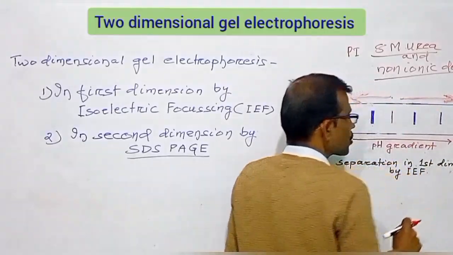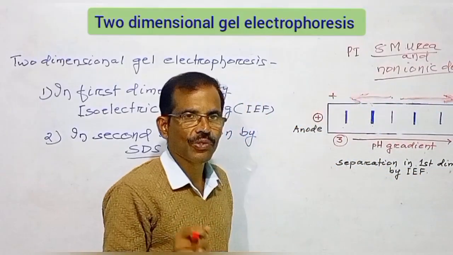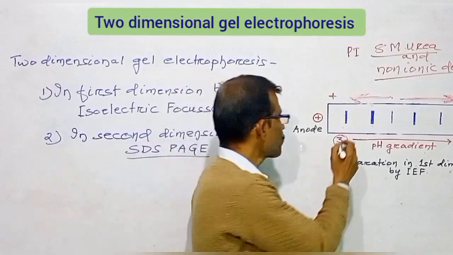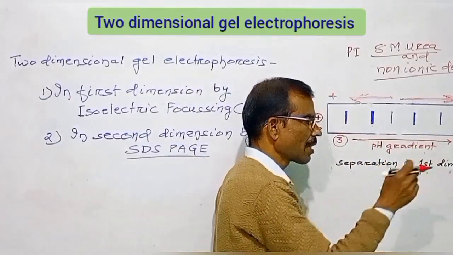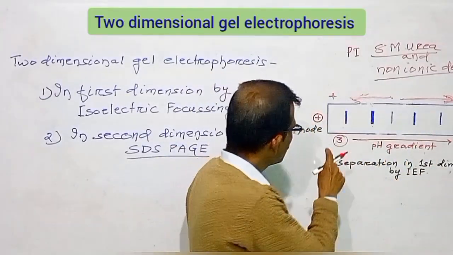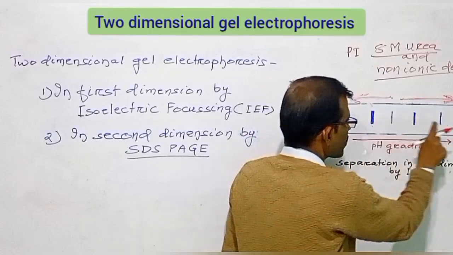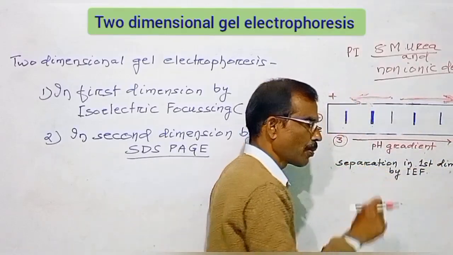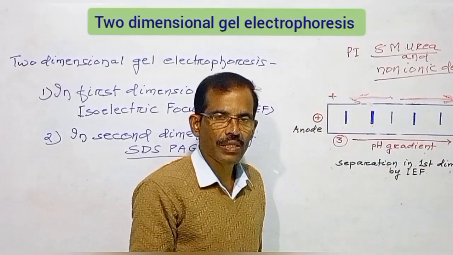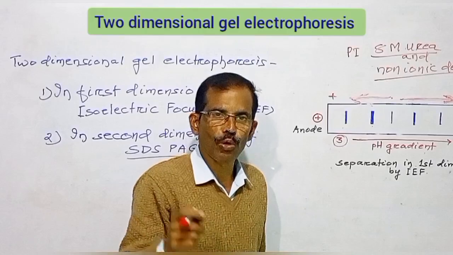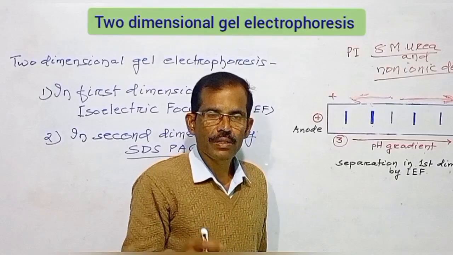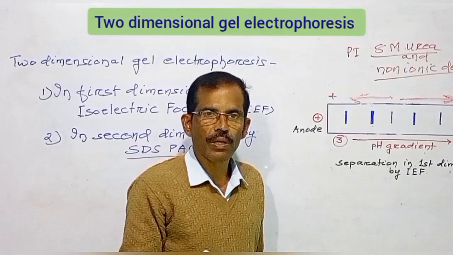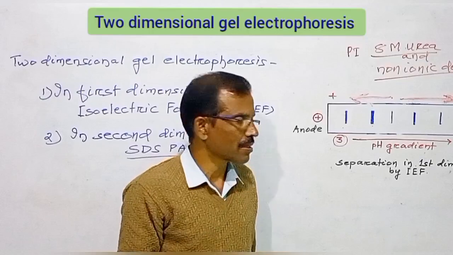During this migration, their net charge is changed in response to the pH they encounter. These positively charged proteins tend to lose more protons. As a result, they become progressively less positively charged.